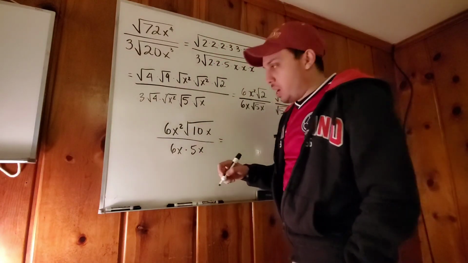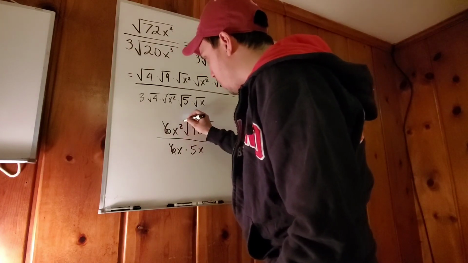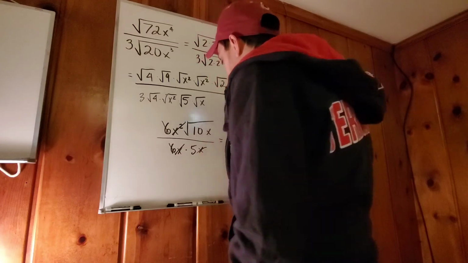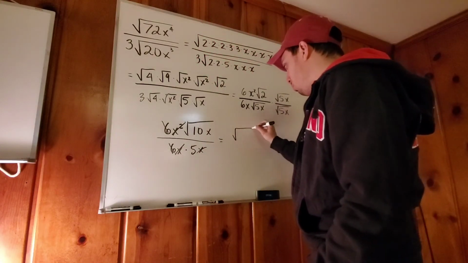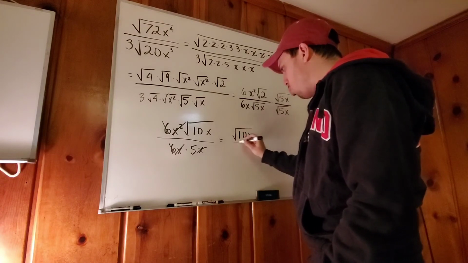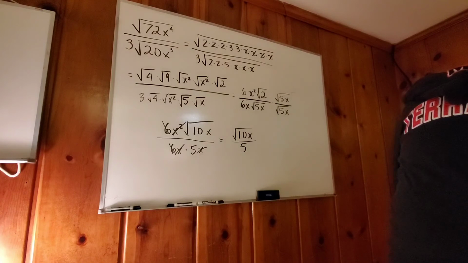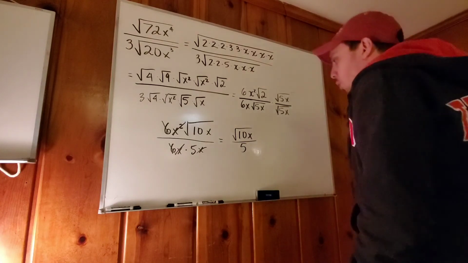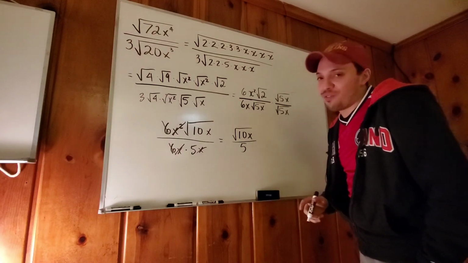Let's cancel out right now. I'm going to cancel out the 6 with the 6 and this x squared with this x squared, so that I'm left with the square root of 10x over 5. Let's check. What do you know? The square root of 10x over 5.